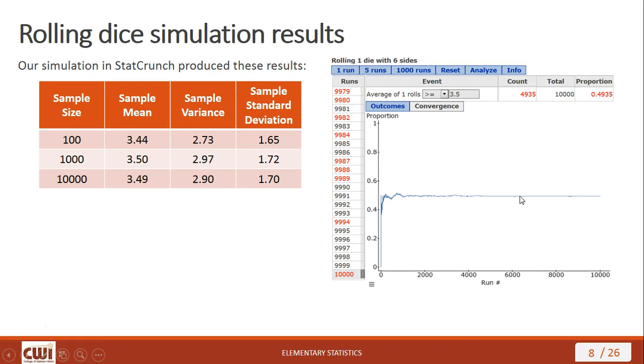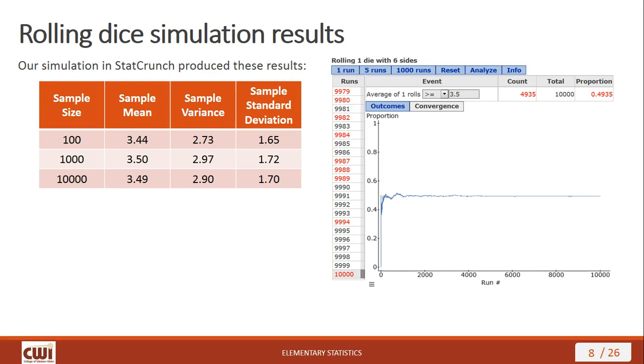And that's pretty much what we see here, that as we roll the dice, it quickly comes up to about this halfway point of 50%, and then it bobs itself up and down, but then it eventually levels out at about 0.5.